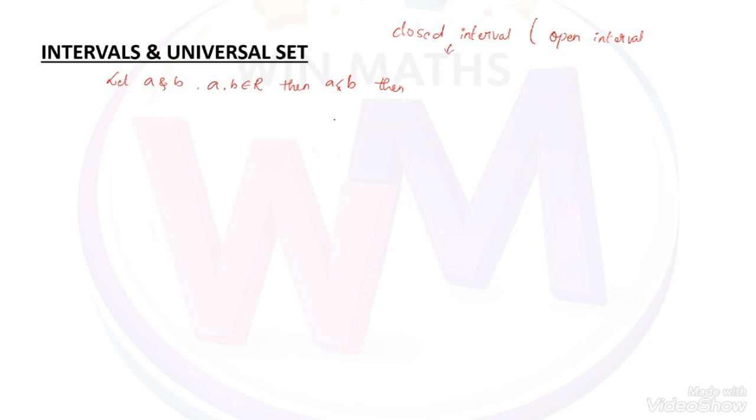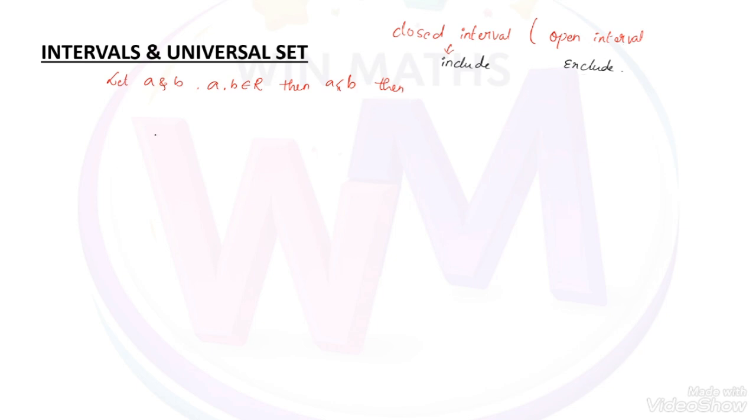There is another one, the closed and open interval, that is include and exclude. The endpoint is included in a closed interval. Here the endpoint is not included, that is, excluded.